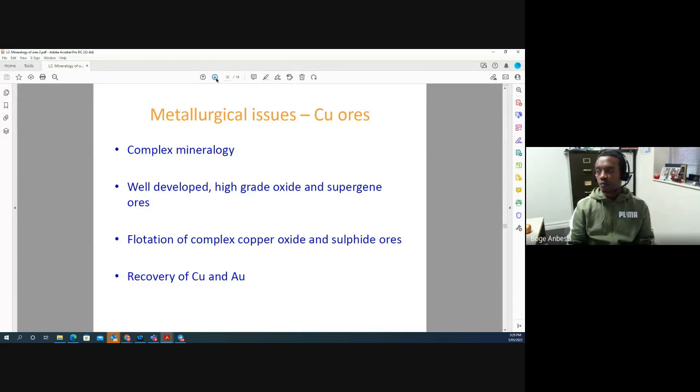And specific to, for example, copper ores, one of the challenges in copper ores is actually the complex mineralogy associated with it. So as I told you earlier, in a given deposit, you have the oxide zone, the secondary sulfide zone, the primary sulfide zone, and all these actually show different complexities in terms of mineralogy, and some are high grade, some are low grade, and therefore dealing with those issues can actually be a challenge, and you need to first understand that before you proceed.